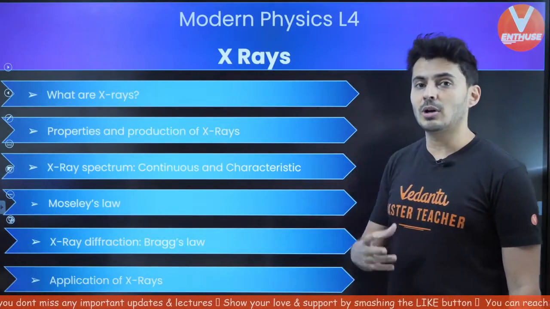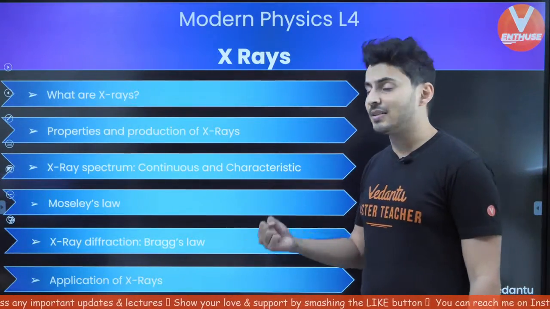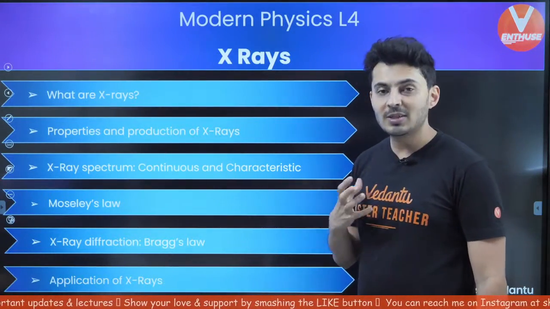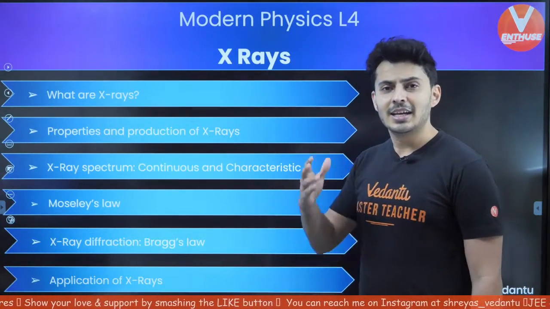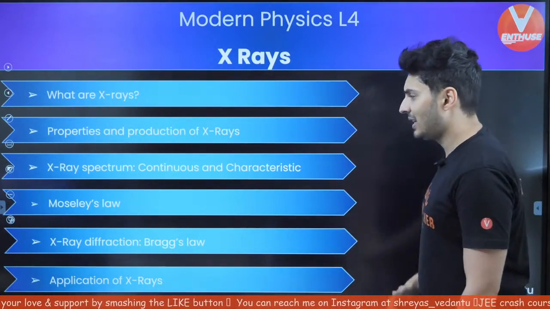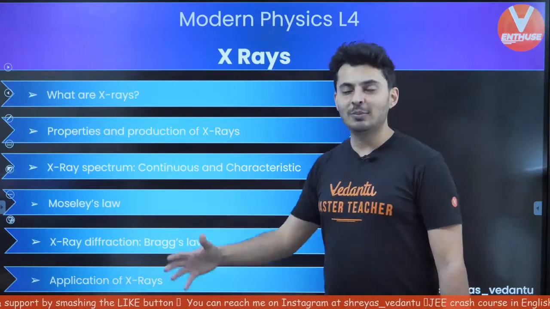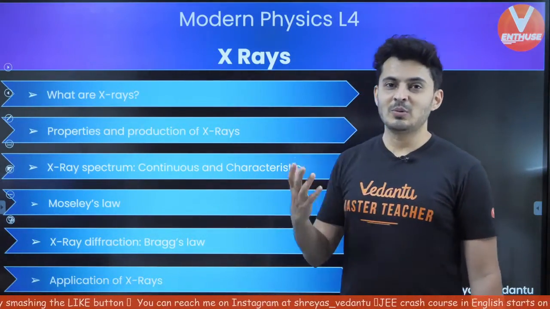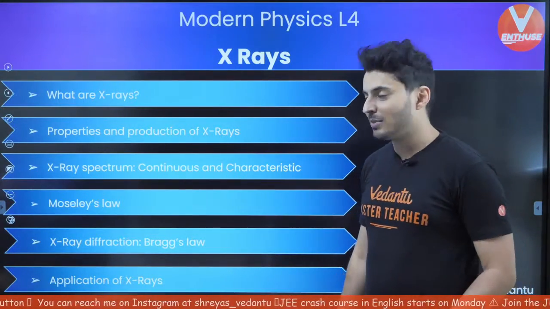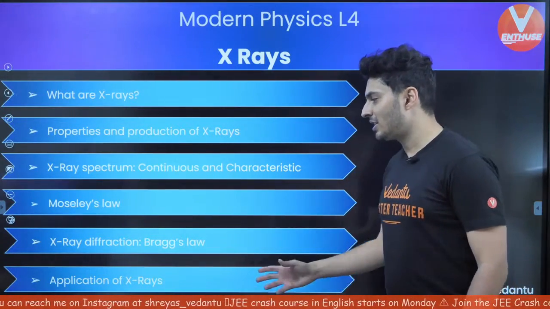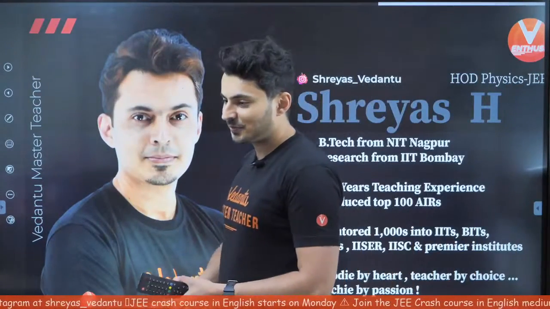Then we are going to talk about how do you create X-rays using the Coolidge tube experiment, and then the two kinds of X-rays that you usually get. That's the characteristic and continuous X-rays, and then obviously the most famous Moseley's law, which reorganized your periodic table, and then X-ray diffraction, Moseley's and Bragg's law.